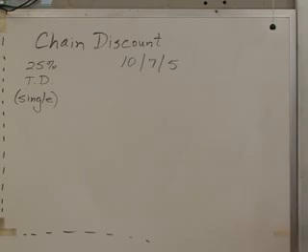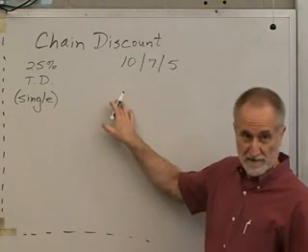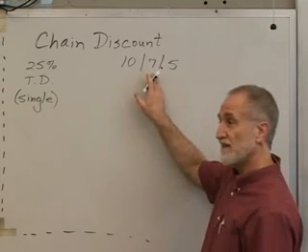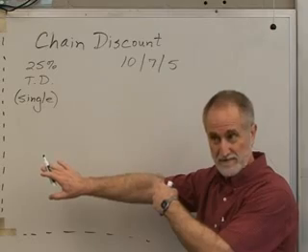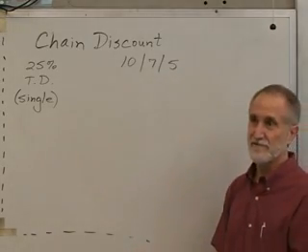What that means is we get 10% off the list, then an additional 7% off of what was left, then an additional 5% off of what was left after that.